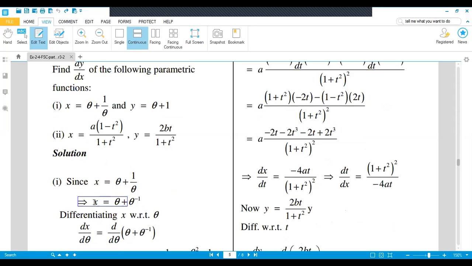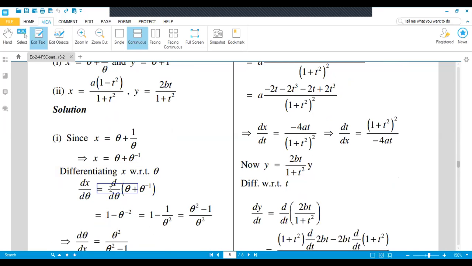Now two variables are involved in the first equation, x and theta. So we differentiate x with respect to theta, because the variable involved is theta. So dx by d theta is d by d theta of theta plus theta power minus 1. When we apply the derivative on the first term, d theta by d theta, we get 1.